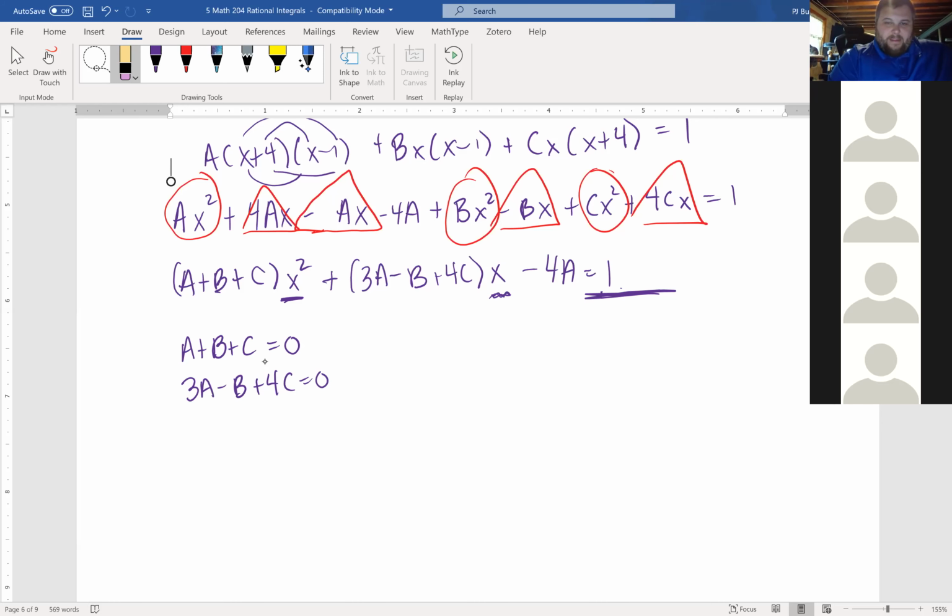Lastly, we have minus 4a, and on this side, a constant of 1. Well, minus 4a is also a constant, so those two things must be equal. This is the system of equations that I then have to solve.